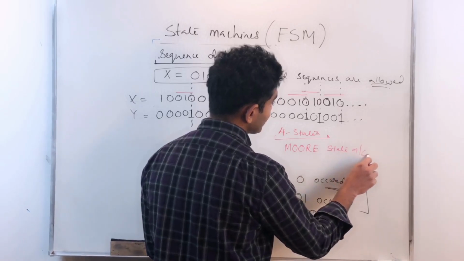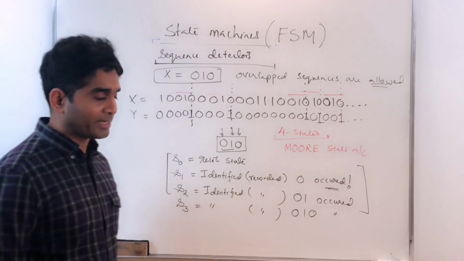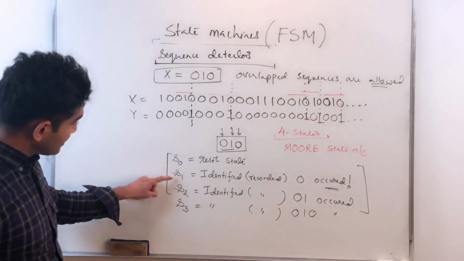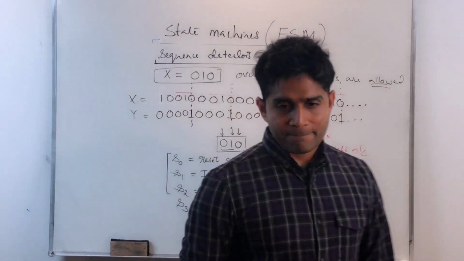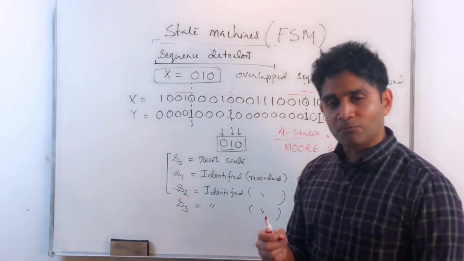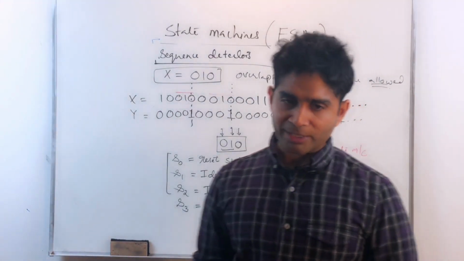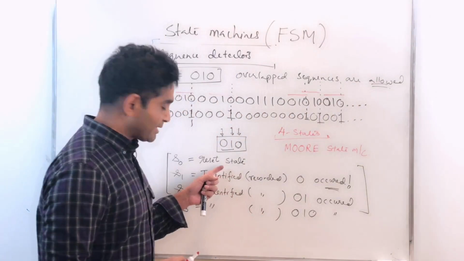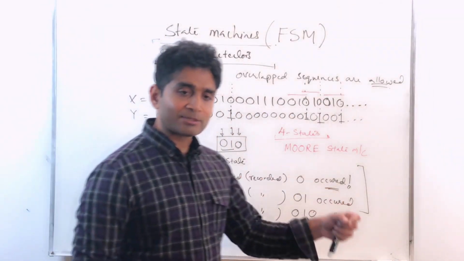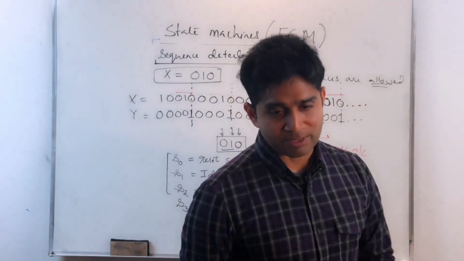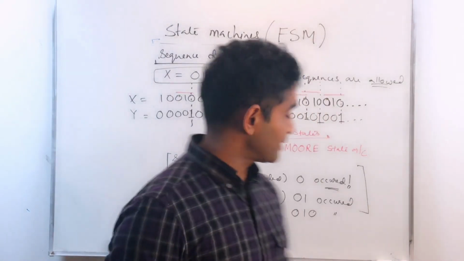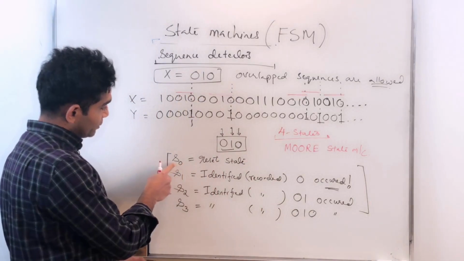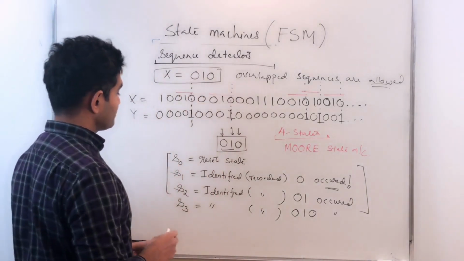Now, if I have 4 states, how many state variables should I have? Again, I need to encode each state with a unique binary code, right? And the minimum number of bits I should use to encode my individual states decides how many state variables I should have in my state machine construction, right? So in this case, I need at least 2 bits to encode each state. Okay.